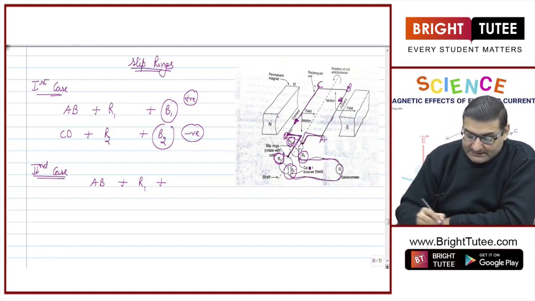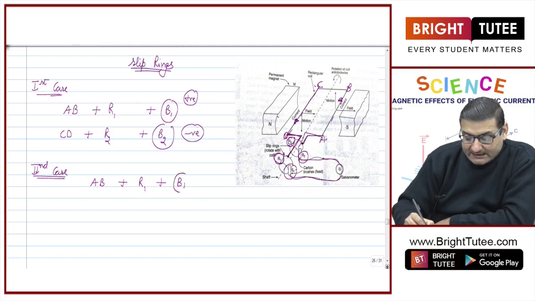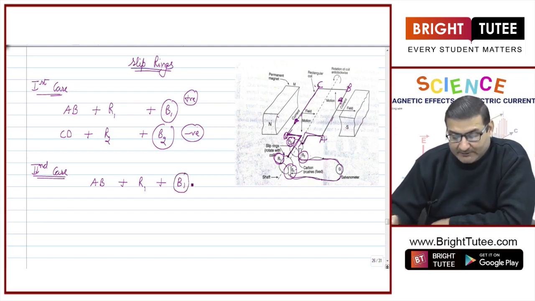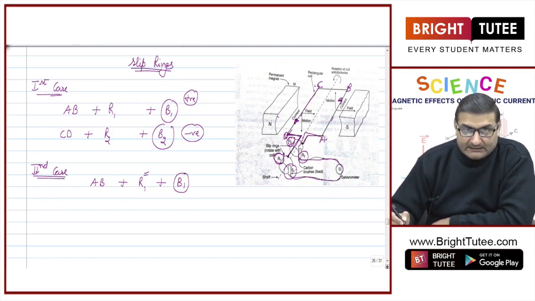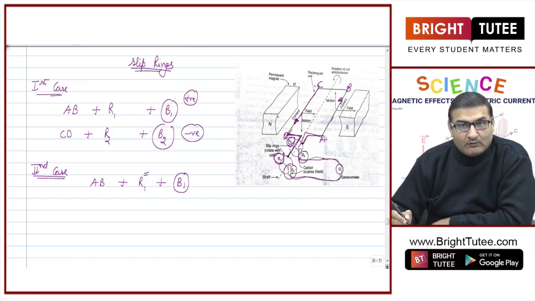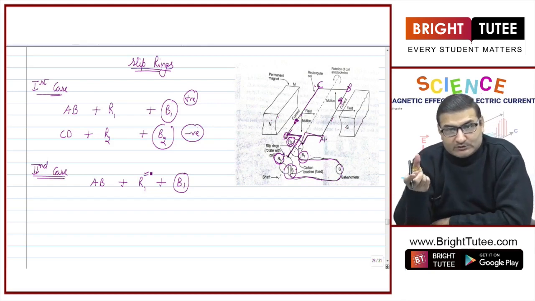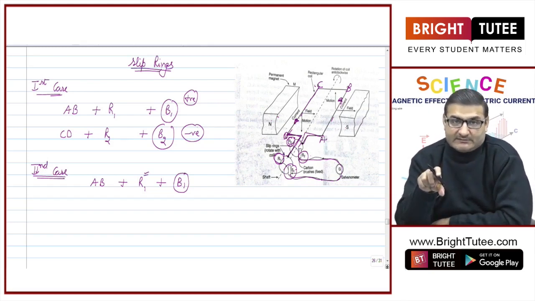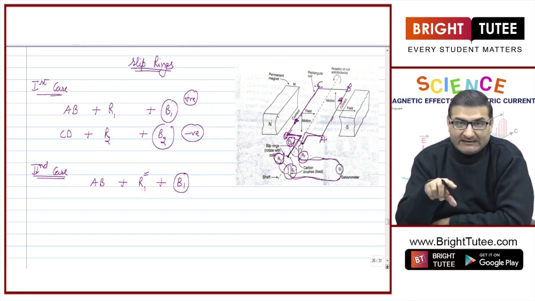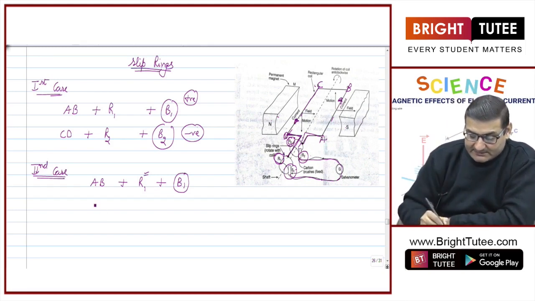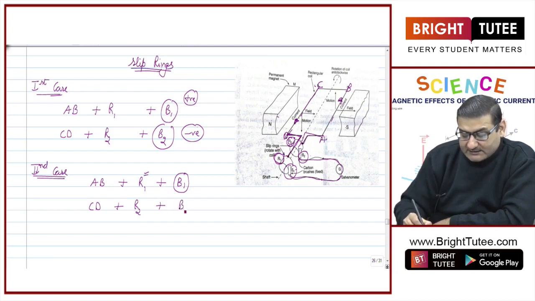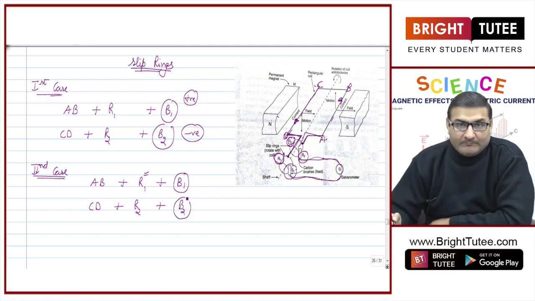But the problem is that AB along with this R1 is still attached to B1 because of this slip ring. Right. Now the slip rings do not allow AB to change the carbon brushes from B1 to B2 and B2 to B1 again. That is the main difference. And CD, which is attached to R2, is still attached with B2.